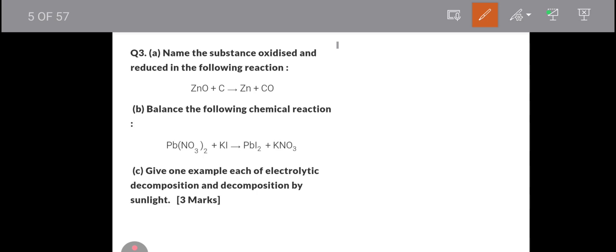Now next question. Give one example each of electrolytic decomposition and decomposition by sunlight. So the example of electrolytic decomposition that we have studied is what? Electrolysis of water, right?